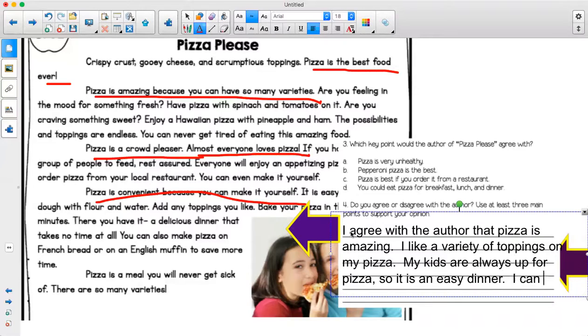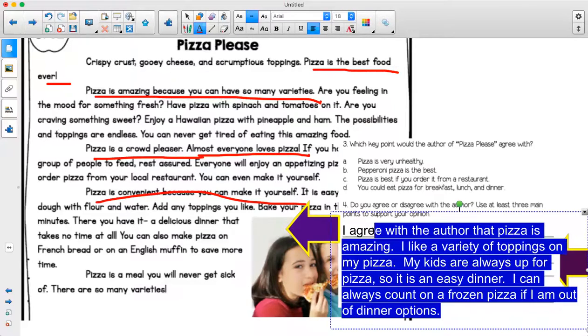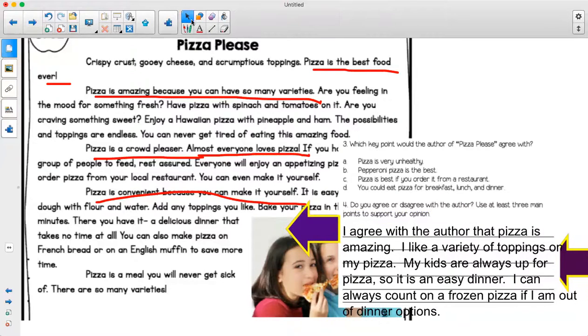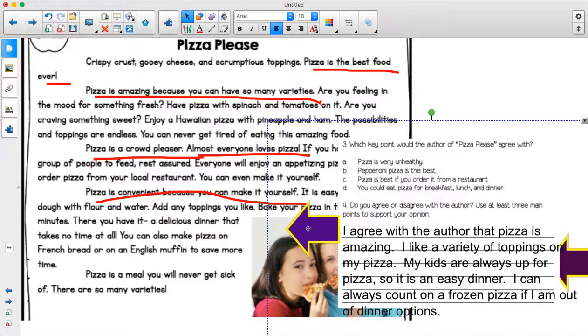I can always count on a frozen pizza if I am out of dinner options. All right, and that is showing that I agree with what the author is saying, and I gave my 3 reasons why.